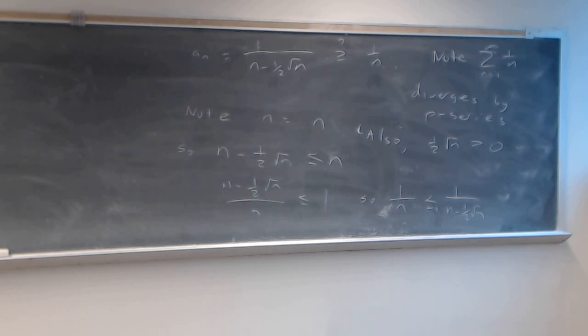Note, I got n plus 1/2 times square root of n. So I'm looking at this guy, and this is the same thing as the square root of n squared plus 1/2 times square root of n. That's the same thing, okay? I'm looking at that.